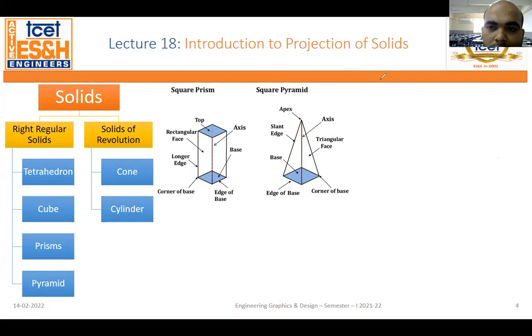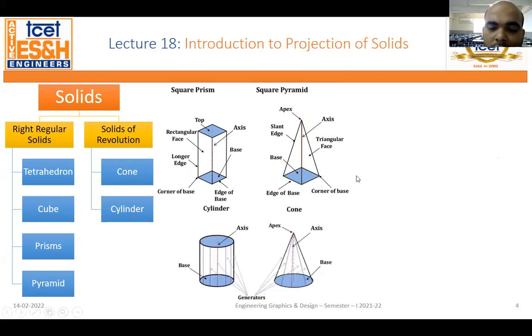Okay, now coming to the next. Yes, this is a cylinder and this is a cone. ये सिलेंडर है, ये कोन, ये बेस है. This is also base. ये apex, यहाँ पे apex नहीं है.